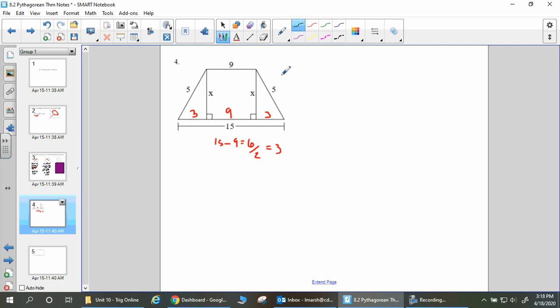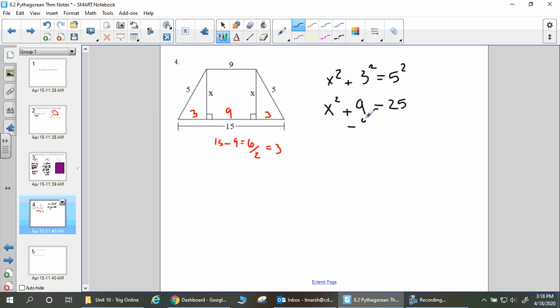But what that does now is it gives me this right triangle, or the same one over on the other side, to say that my x squared plus 3 squared equals 5 squared. And so now it's just using that Pythagorean theorem. So x squared plus 9 equals 25.